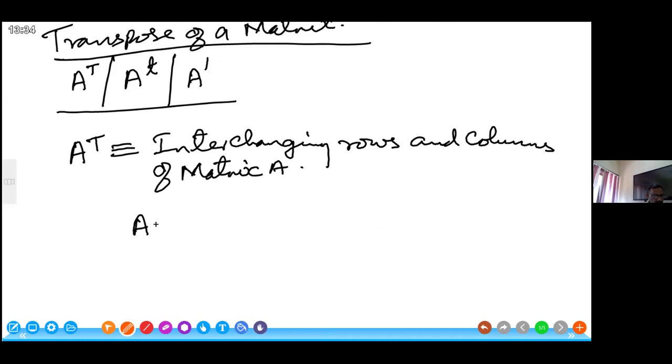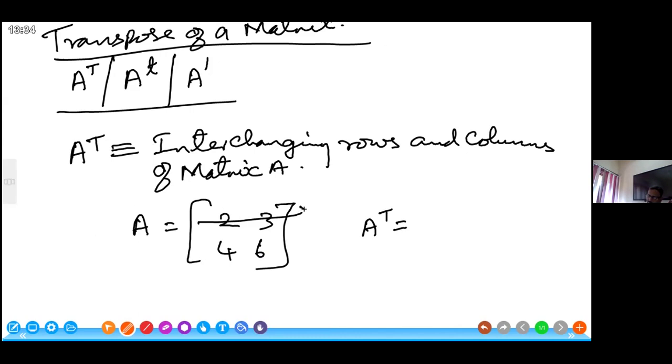Let's say matrix A has values 2, 3, 4, 6. The A transpose is given as: first row becomes first column, 2, 3. Second row becomes second column, that is 4, 6. Right?